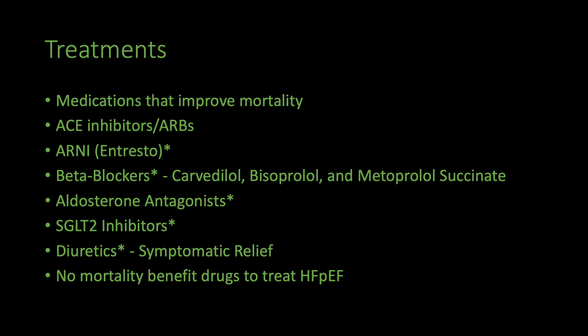If you do not remember the mechanism of action of these classes, please go back to the video where this class was discussed and review the mechanisms of action of these classes of medications.